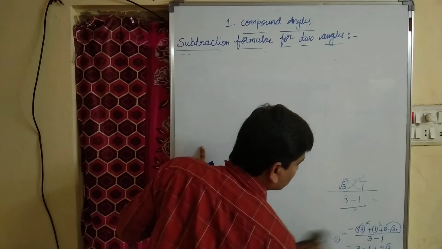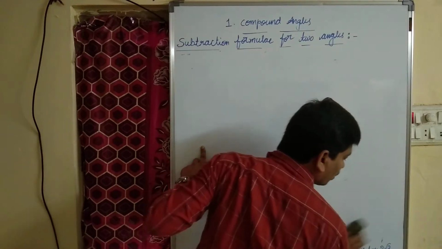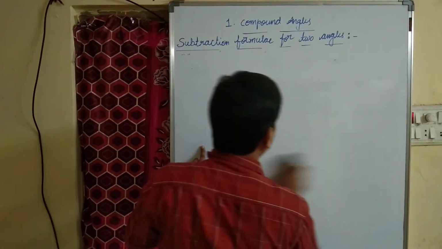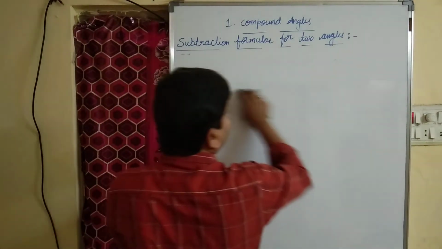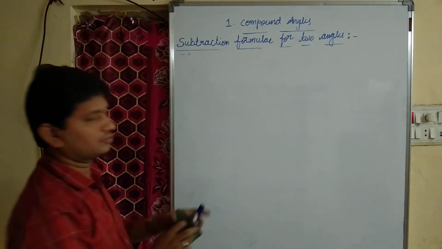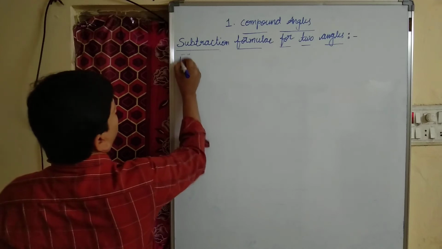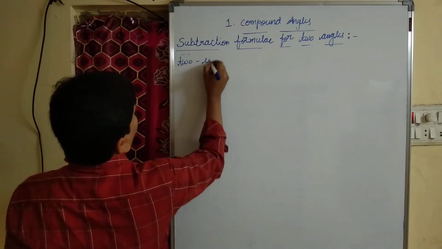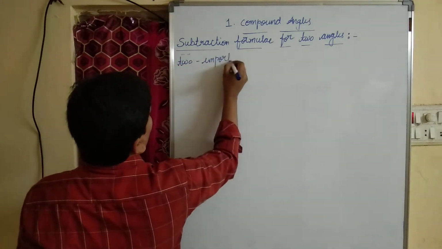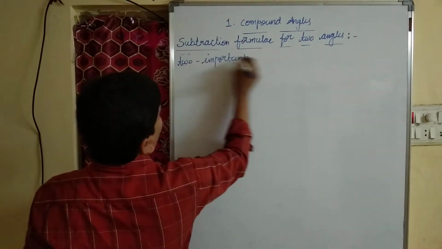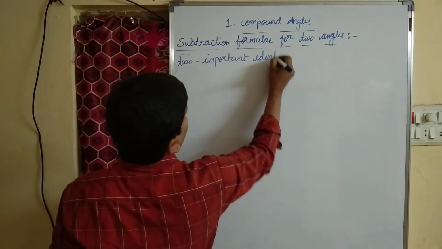So what are the two more important identities?